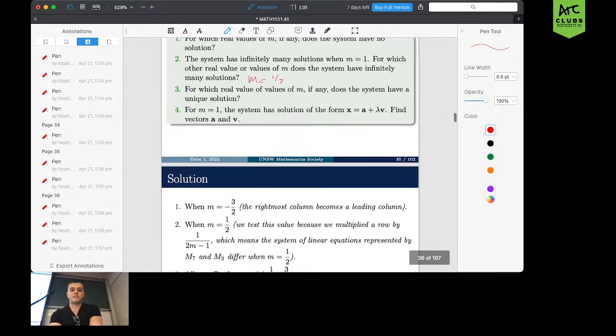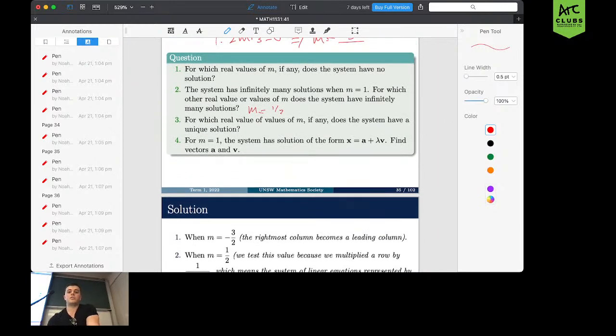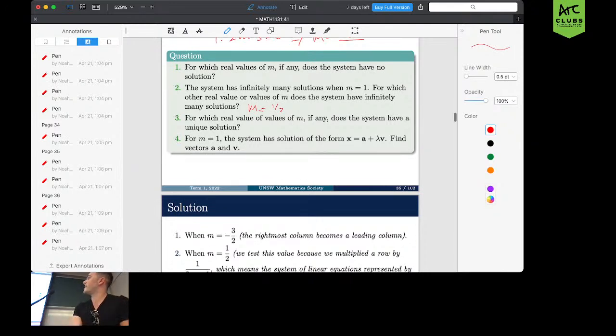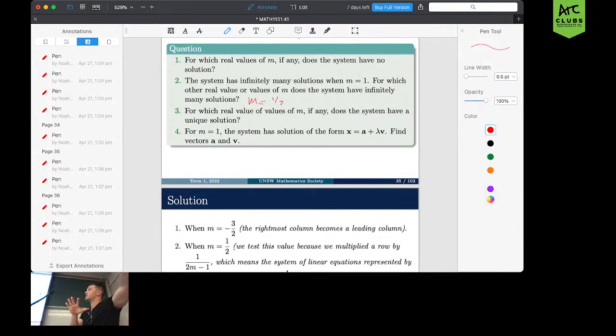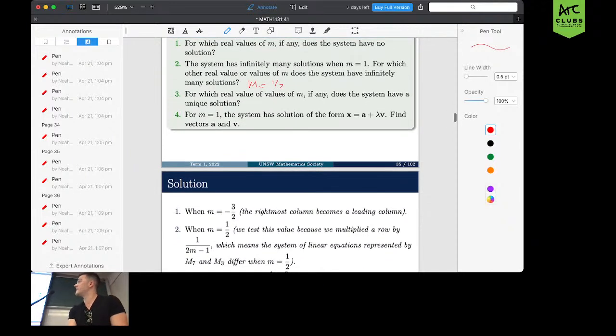Okay. Now, for which values of m, if any, does the system have a unique solution? Well, we've covered all the ones where there's no solution. We've covered the ones where there's infinitely many, so unique is just going to be like the rest of them. The unique ones will simply be everything that's not what we just found.